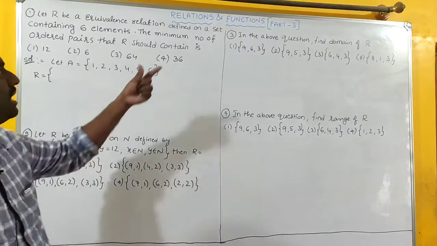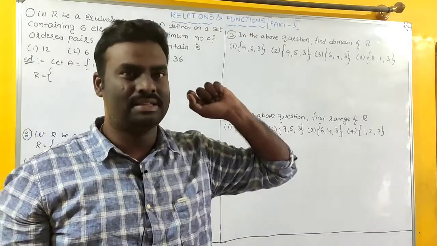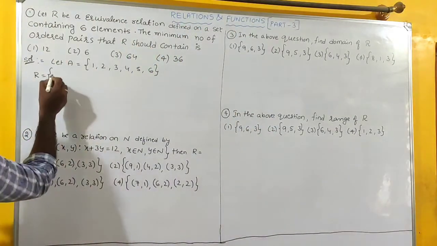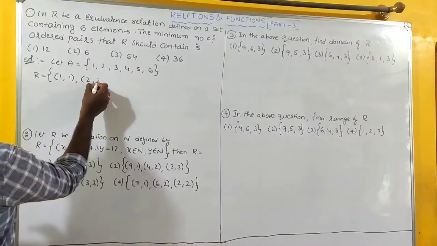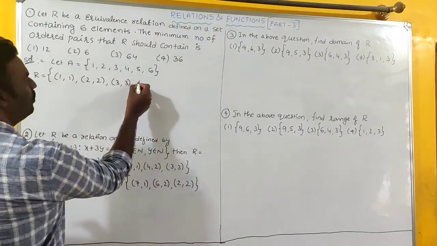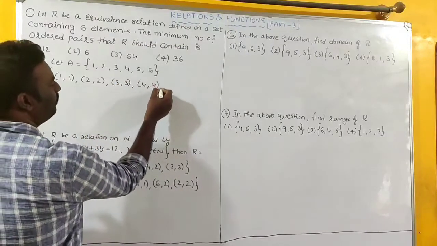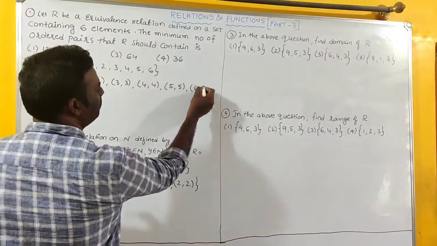In that we require the minimum number of ordered pairs. So I am taking (1,1), (2,2), (3,3), (4,4), (5,5), (6,6).